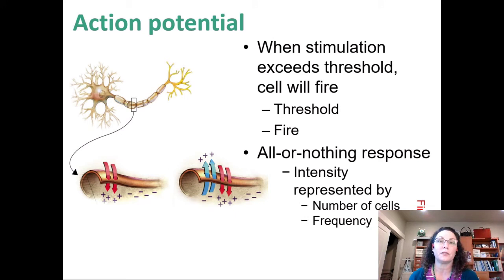Of course, once you know it's daytime, they all stop telling you. Eventually, that becomes their resting level of input, and now it would take a flash of light or something to attract your attention. So you will adapt very quickly, but when it's a new stimulus, the cells pass that information along, with information about intensity being represented by number of cells and then frequency of firing.